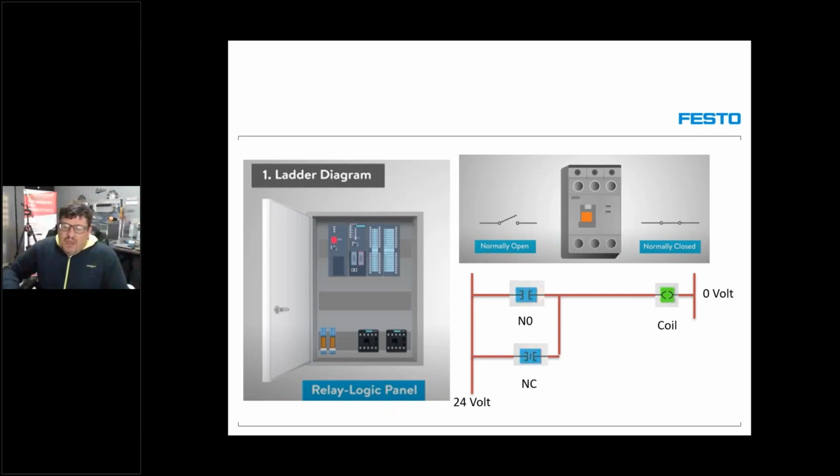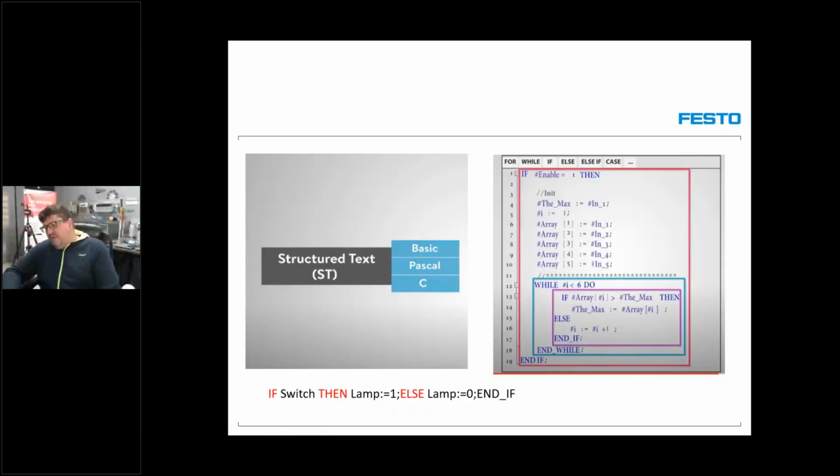Right, now I'm going to explain a little bit more about your programming languages. Here's an example. This is the structured text language. Like I said to you, it's similar to basic Pascal and C. Here we use: if the switch, then the lamp must be equal to 1.